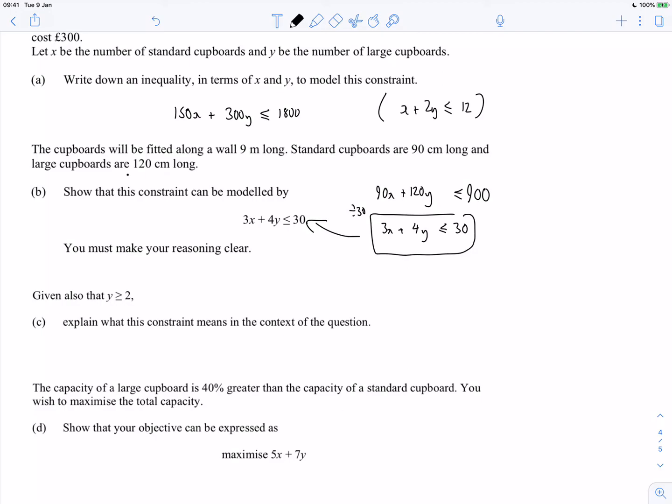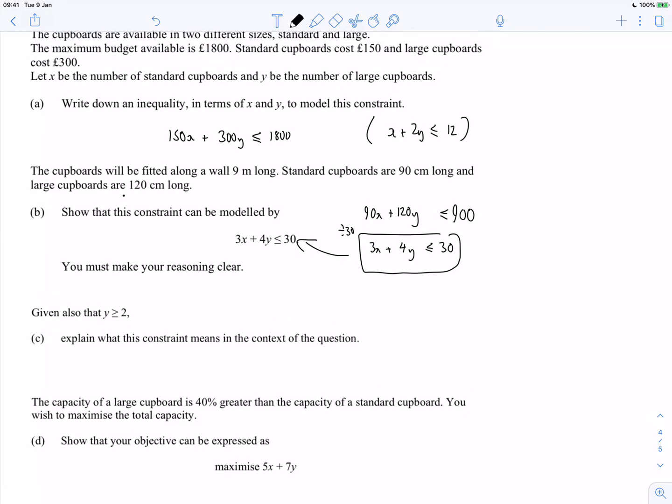So I think I've made my reasoning clear enough. Given also that Y is greater than or equal to 2, explain what this constraint means in the context of this question. This means we need to buy at least 2 large cupboards.